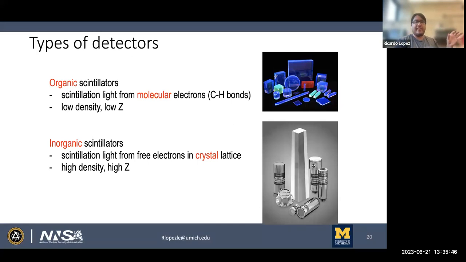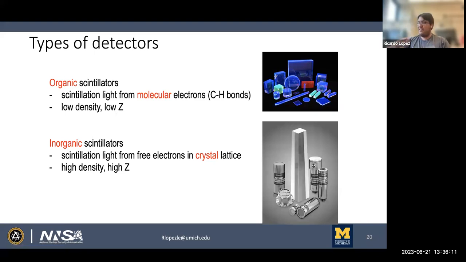Now, with the first category, the scintillation light comes from the molecular electrons, or more specifically, the carbon-hydrogen bonds. An important thing to note with organic scintillators is typically they're mainly composed of simply carbon and hydrogen, which is ultimately why they have a low density and low Z in general.